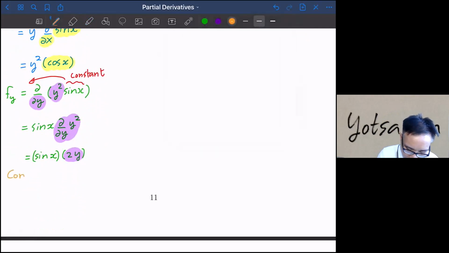This one is called the constant multiple rule. What is the constant multiple rule?